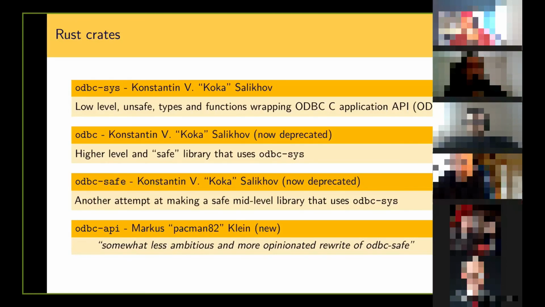That's why you had three attempts here, and the ODBC safe one was an attempt to make it perfect, so that every state the ODBC C library can have would be represented in the type system. But this ended up near impossible, because those C libraries, because of their relaxed design, tend to cause a type explosion. If you try to make it one-to-one, you may have a hard time.